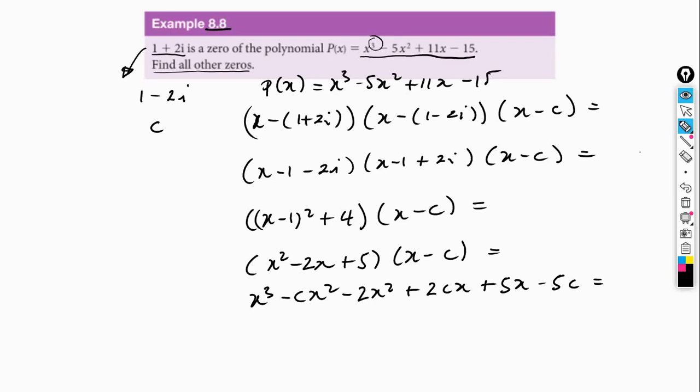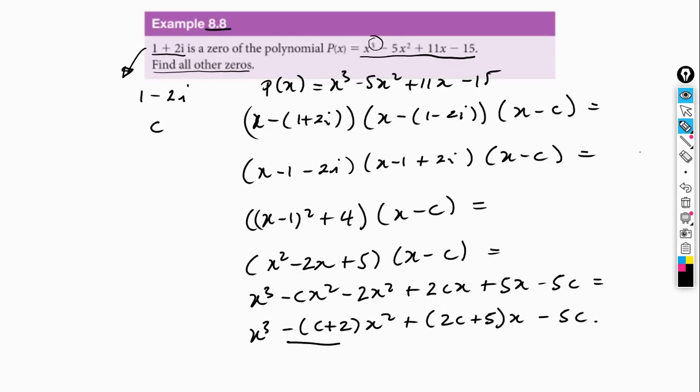And then if we group similar terms, we end up with x cubed minus c plus 2 x squared plus 2c plus 5 x minus 5c. And then now we can compare the original polynomial with this to solve for c.